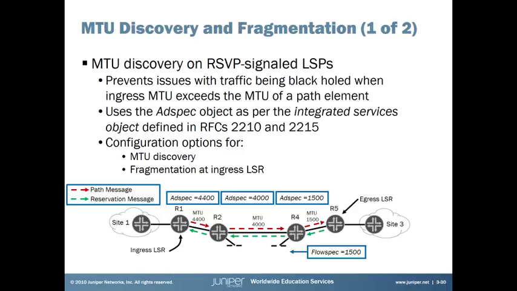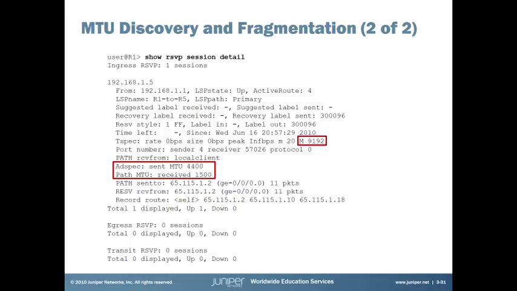It uses the ADSPEC object as per the integrated service object defined in RFC 2210 and 2215. Configuration options for MTU discovery are available within the protocol, and fragmentation in ingress LSR. So we can adjust the packet size at the ingress LSR.